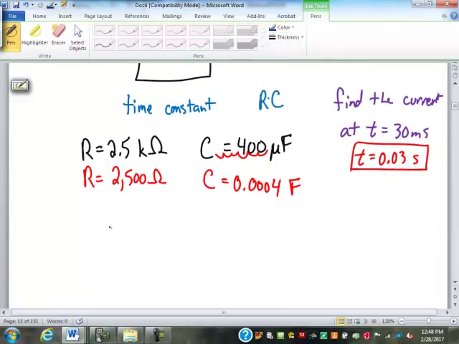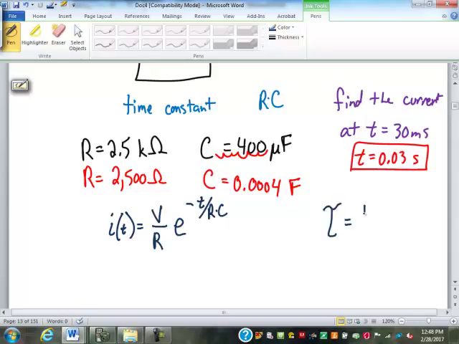So the equation is the current that's going to flow as a function of time is equal to that maximum current, so the voltage divided by the resistance, times, remember we talked about the letter e? It's a natural constant. e to the power of negative t divided by R times C. Now as we get further into these circuits, we're going to define something called tau.